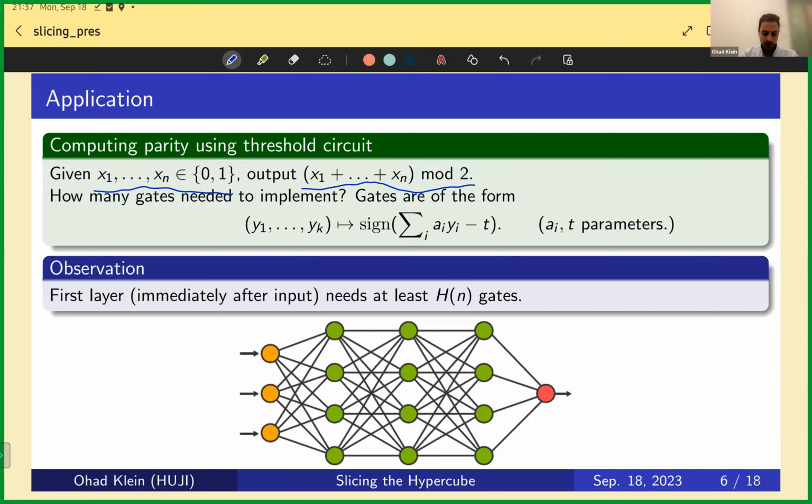And by gates, in this context, we mean that our gates compute a threshold function of the inputs. So, for example, in this picture below, we have 3 inputs, and each gate computes a threshold function of the previous layer. And in the end, we want to compute the parity of the input bits.